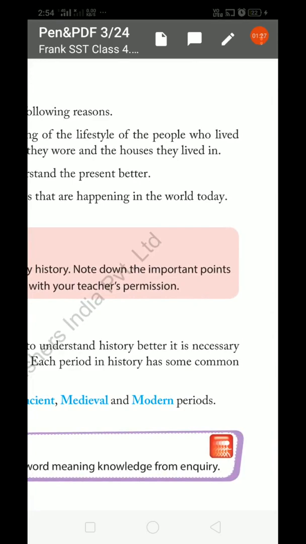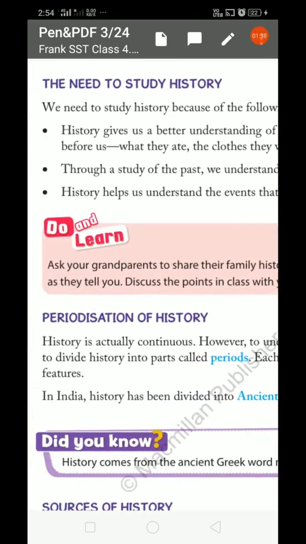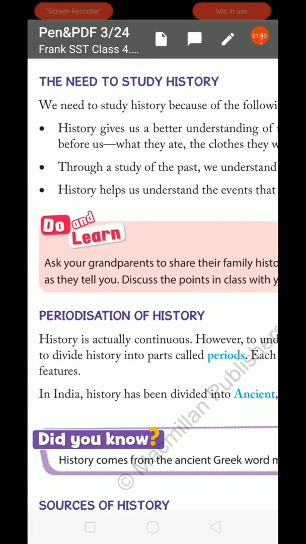Earlier people lived in huts and the higher authority, the kings, lived in forts. So all this knowledge we get from history.